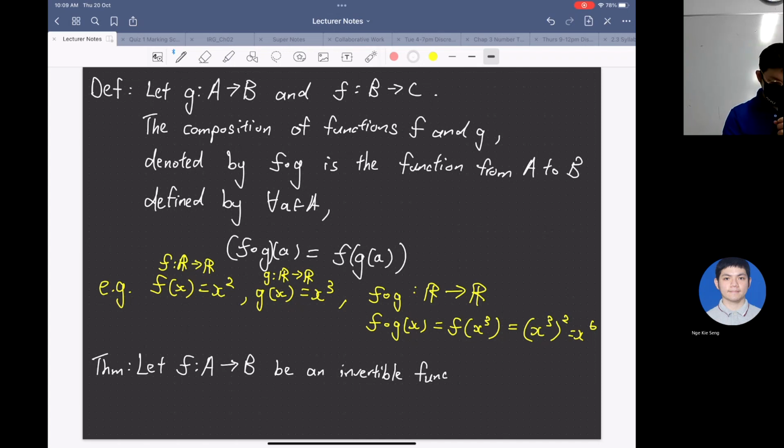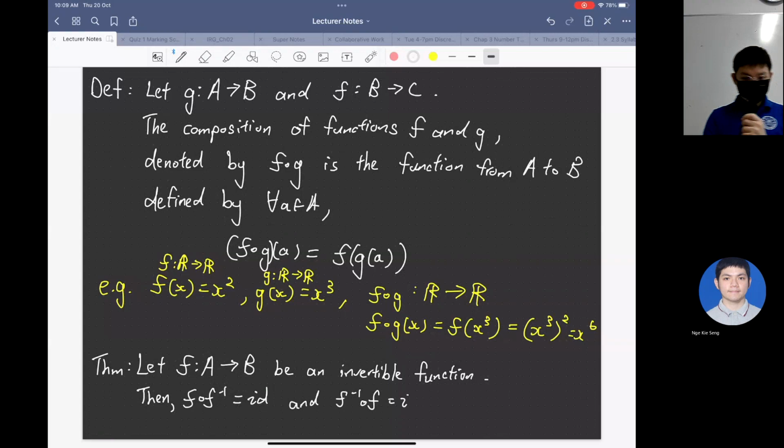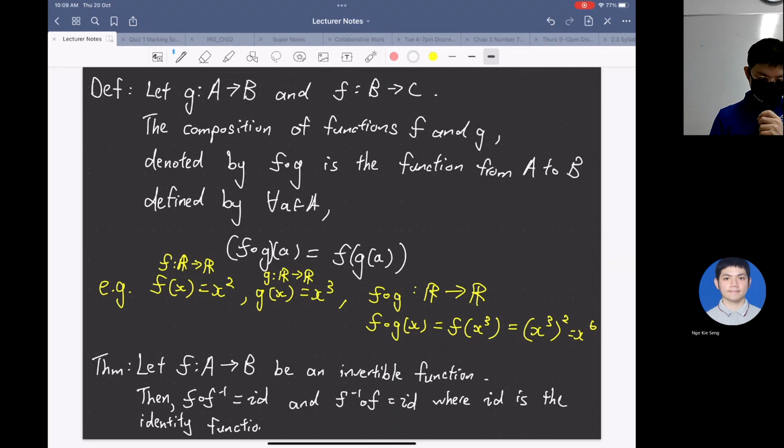Then f composed with f inverse is the identity, and f inverse composed with f is also the identity, where id is the identity function that sends every element to itself.